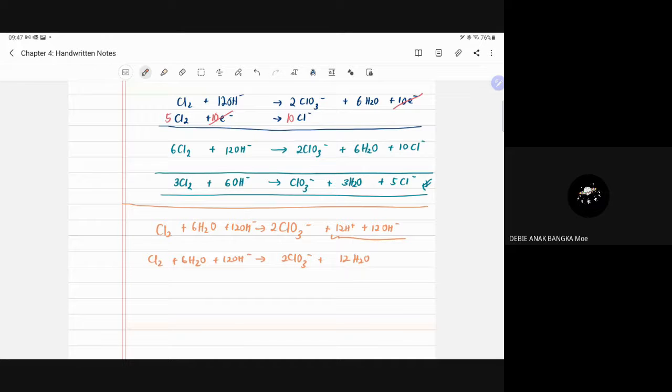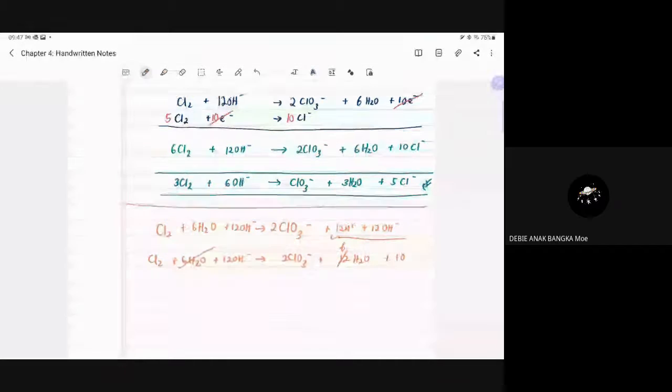And then we can cancel. There is 6, can cancel, leaving 6. So at the end we add H2O on the right hand side, but originally we added it on the left hand side. You just have to follow the method stepwise, step by step. Then after that, we balance the electrons. We add, and then negative 12, negative 2. So add 10. Add 10 electrons.